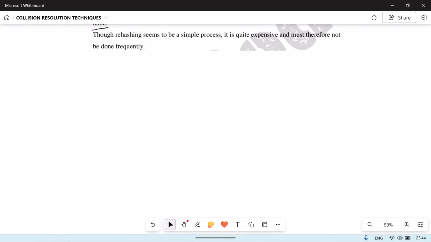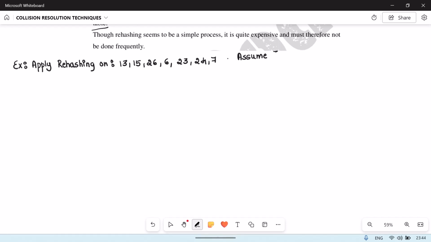One example for rehashing: apply rehashing on 13, 15, 26, 6, 23, 24, and 7. Assume the table size is 7.